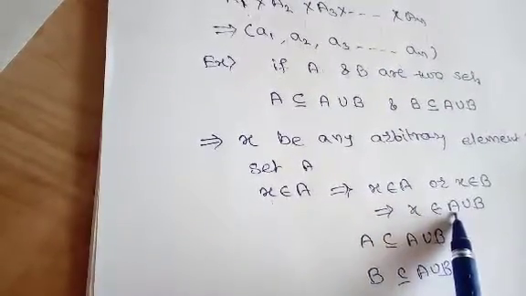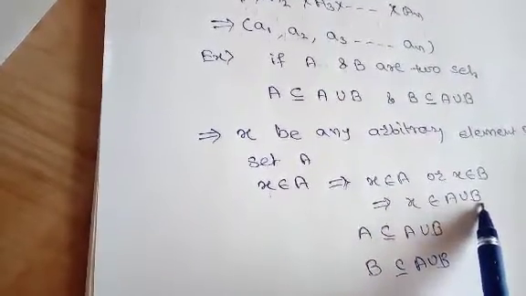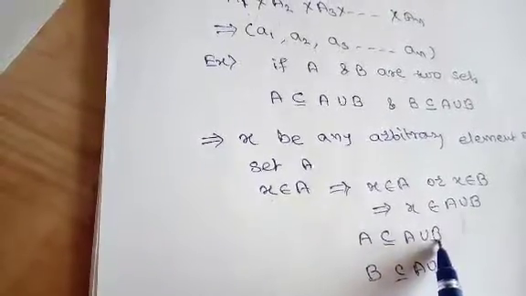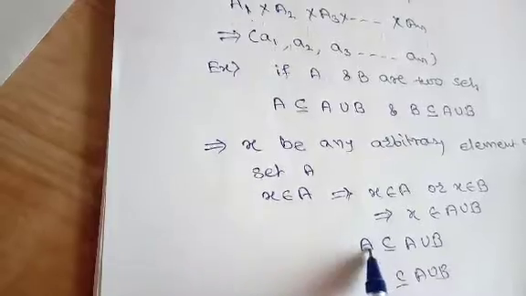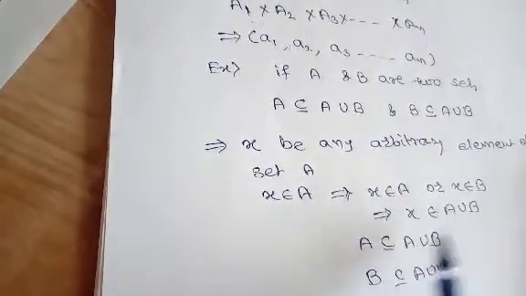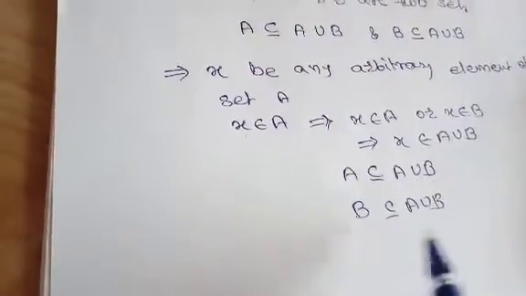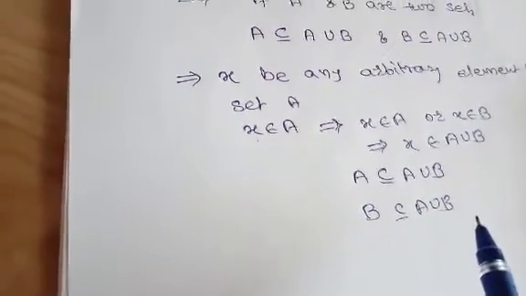So x belongs to A union B, which means A is a subset of A union B. We have shown that every element belonging to A belongs to A union B, therefore A is a subset of A union B. Similarly, we can show that B is a subset of A union B. Okay, thank you.